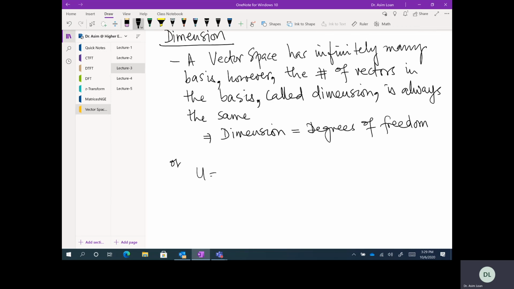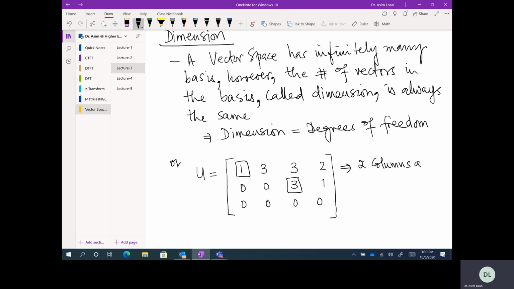So if I have this U, 1, 3, 3, 2, 0, 0, 3, 1, 0, 0, 0, 0, with pivots, this implies two columns are independent.